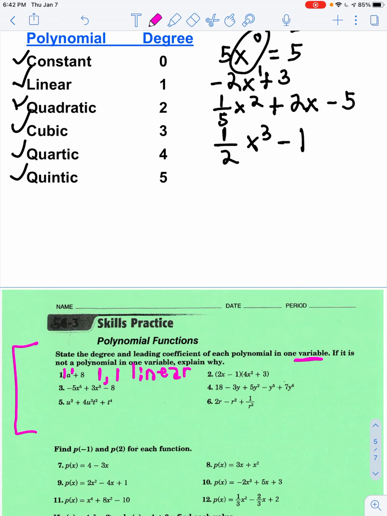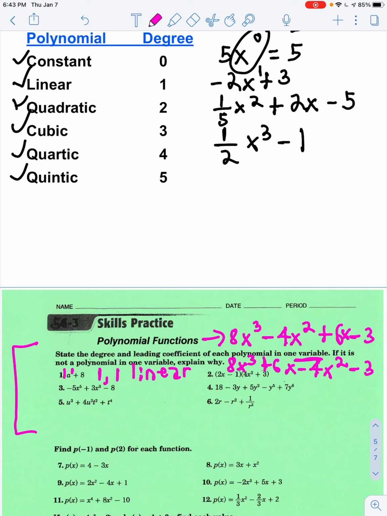So if I do FOIL, I get 8x cubed, and then I get plus 6x minus 4x squared, and then I get minus 3. Of course, it's not in standard form until I reverse the order of the 2 middle terms. So standard form should look like this: 8x cubed minus 4x squared plus 6x minus 3.